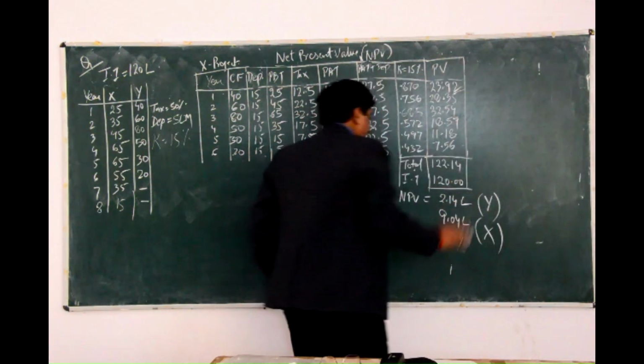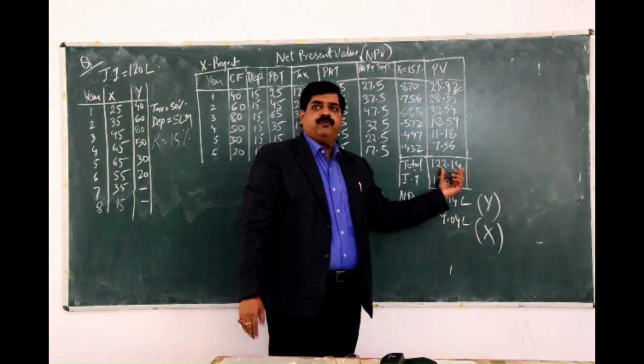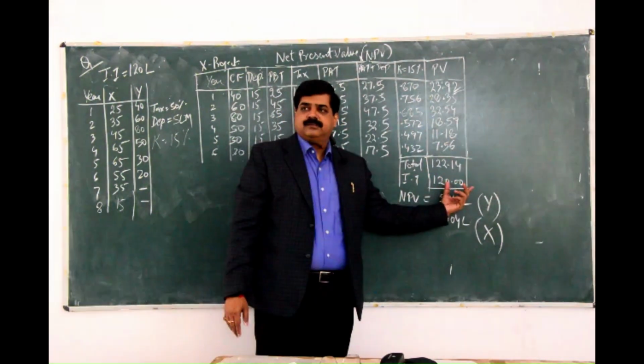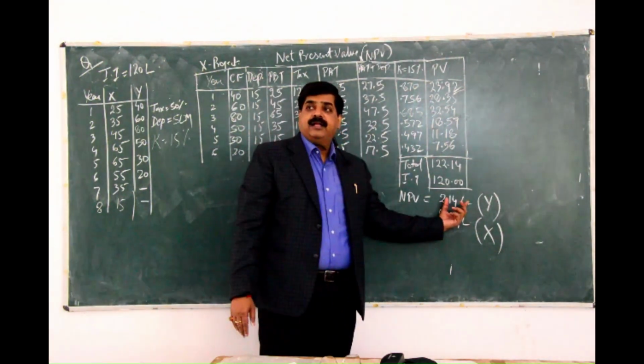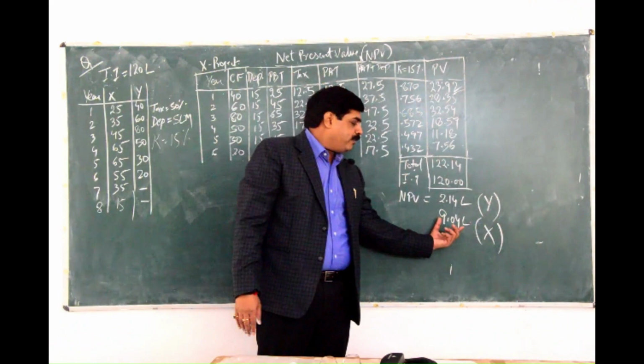You can see that the total of the present value is 122.14 lakh. The initial investment is 120 lakh. So NPV for Y project is 2.14 lakh, whereas for X project we have just calculated 9.04.